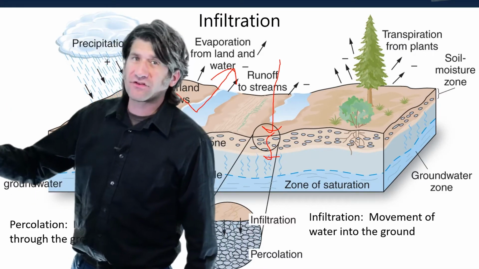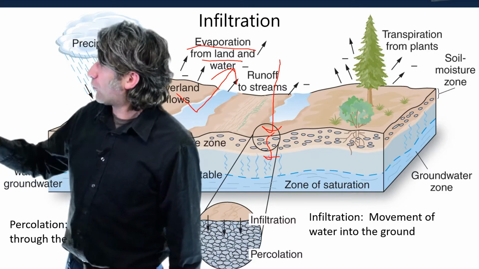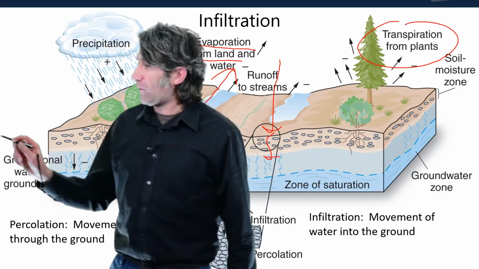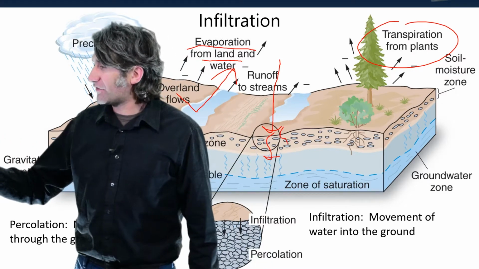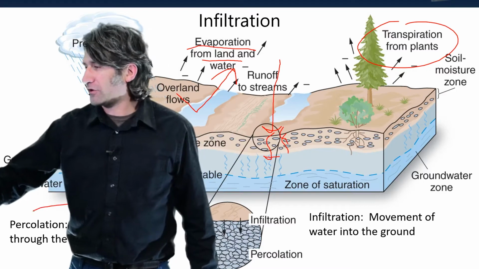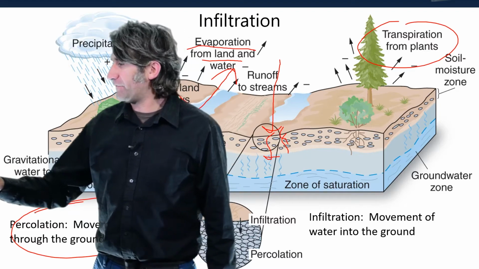And the water that's returned to the atmosphere is evaporation from the land or transpiration from the trees. Okay, the water that makes it down into the subsurface is then going to percolate. Percolation is the movement of water through the ground. We talked about infiltration earlier.